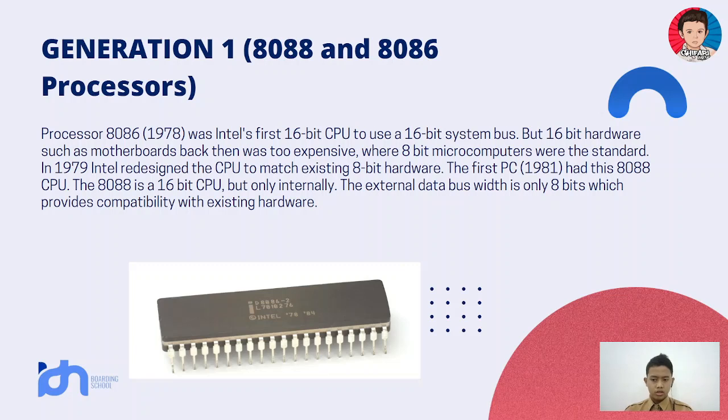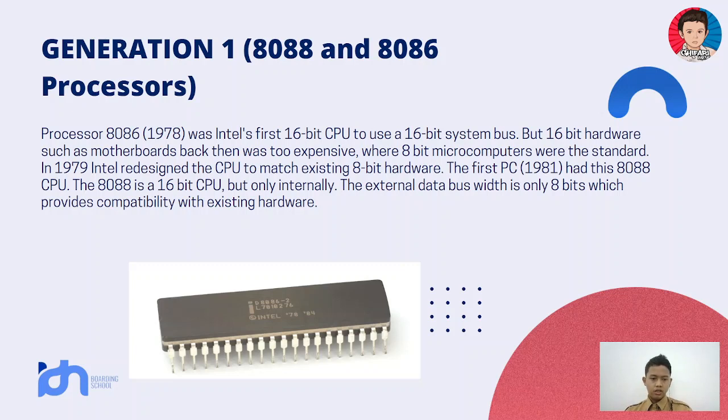In 1979, Intel redesigned the CPU to match existing 8-bit hardware.